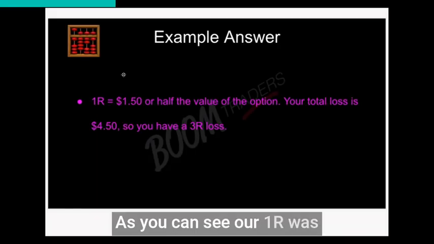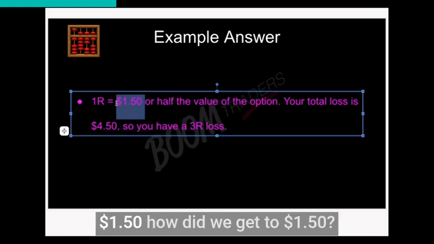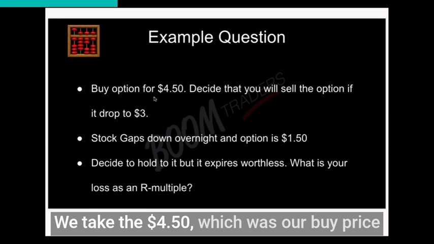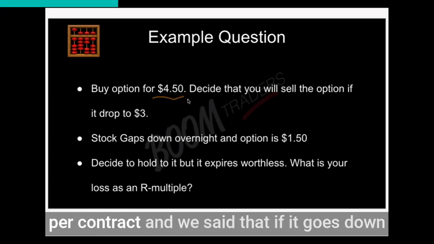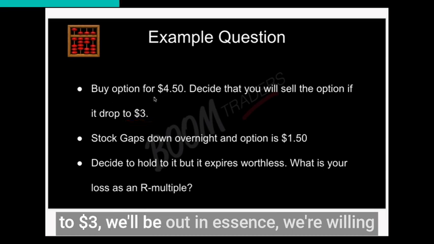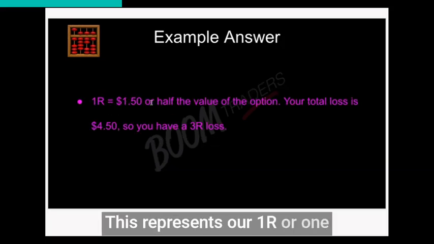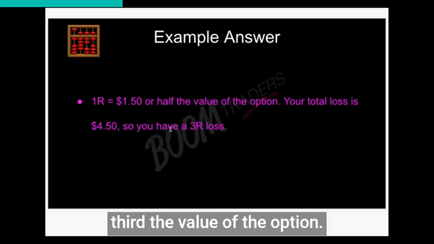As you can see, our 1R was $150. How did we get to 150? We take the $450, which was our buy price per contract, and we said that if it goes down to $3, we'll be out. In essence, we're willing to lose $150 per contract. In this case, this represented our 1R, or one-third the value of the option.